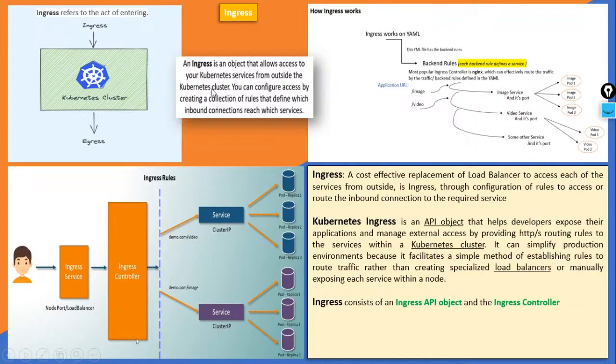So what is an ingress? An ingress is an object that allows access to your Kubernetes service from outside the Kubernetes cluster. You can configure access by creating a collection of rules, like the ingress rules of the firewall inside a cloud, Amazon Cloud, to access your EC2 instance.